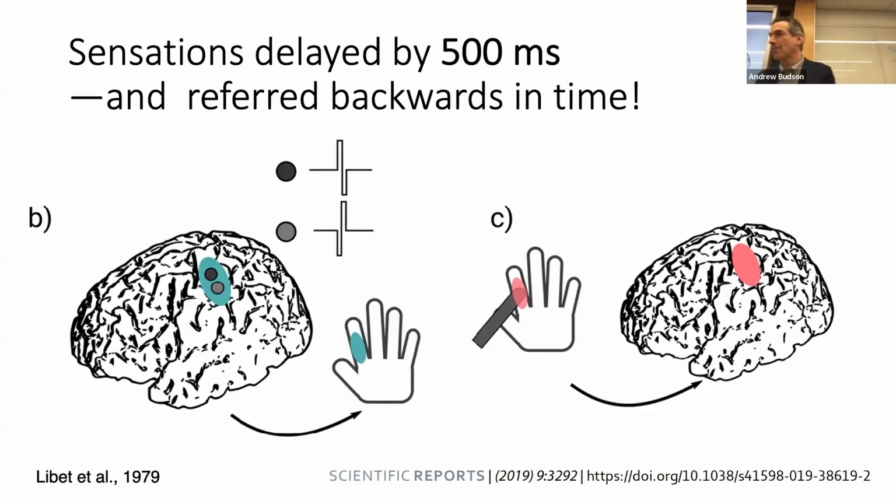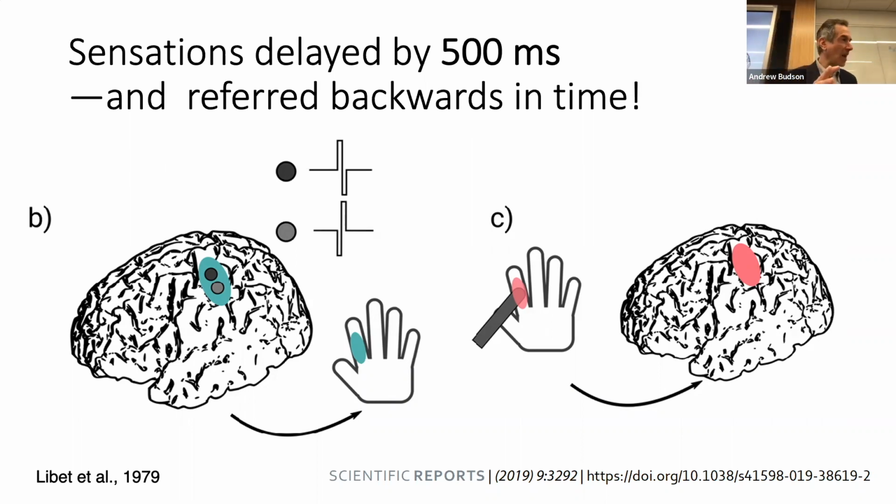There's also another experiment that Libet did when he either stimulated the hand directly or the finger, or he stimulated the sensory cortex of the finger area. And two very interesting findings were noted. One is that it took about 500 milliseconds of stimulation for the sensation to be consciously felt in either place, which is a very, very long time.